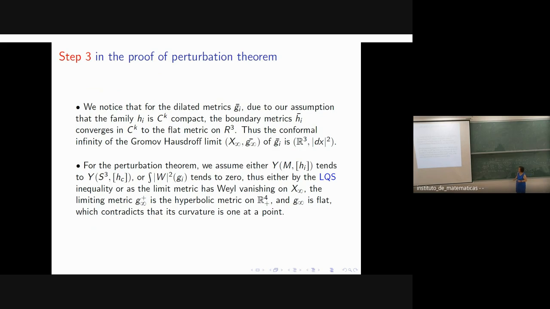Okay. And now the strategy is trying to show, in this case, this GI plus must go into the Poincare-Einstein metric, the hyperbolic metric on the upper half space.